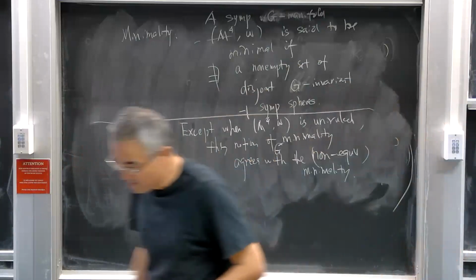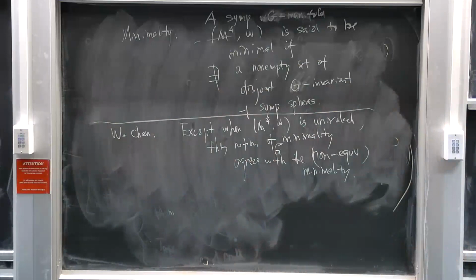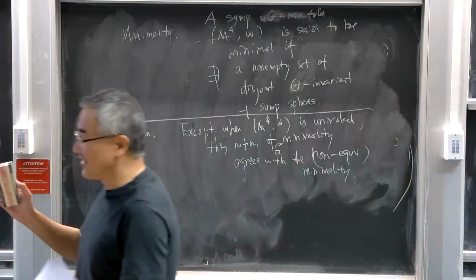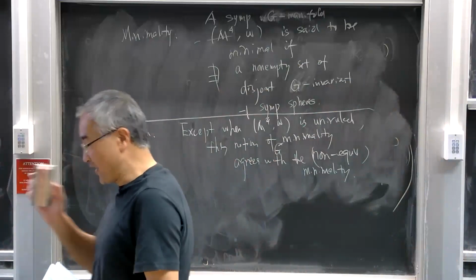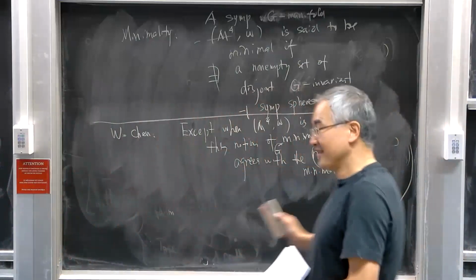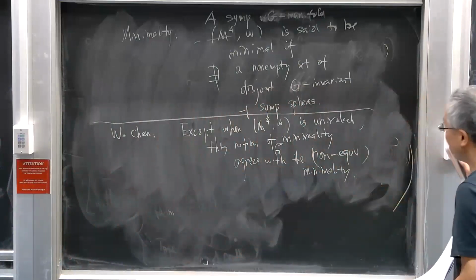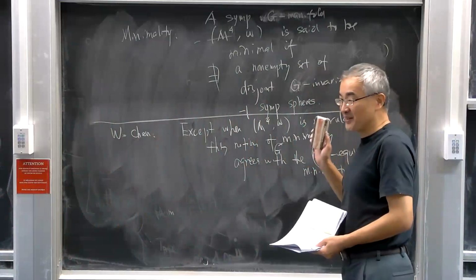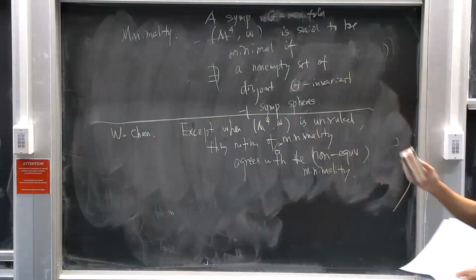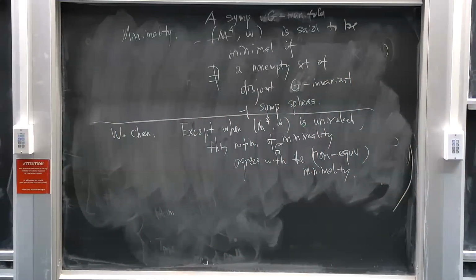Let me first tell you that for a 2-point blow-up, any G action cannot be minimal. I can show you that, so maybe you can see how this notion works.